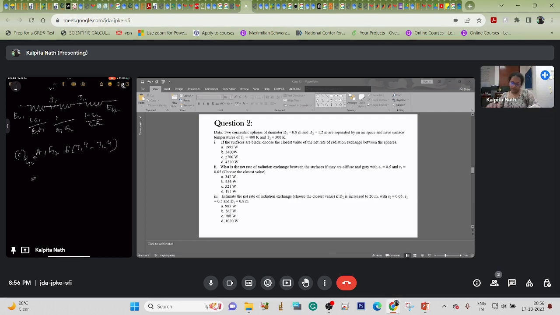So this is equal to A1, which is pi into 0.8 meter whole squared, into F12 which is 1, into sigma which is 5.67 times 10 to the power minus 8 watt per meter squared Kelvin to the power 4, into (400 to the power 4 minus 300 to the power 4) Kelvin to the power 4. This will come out to be 1995 watt.